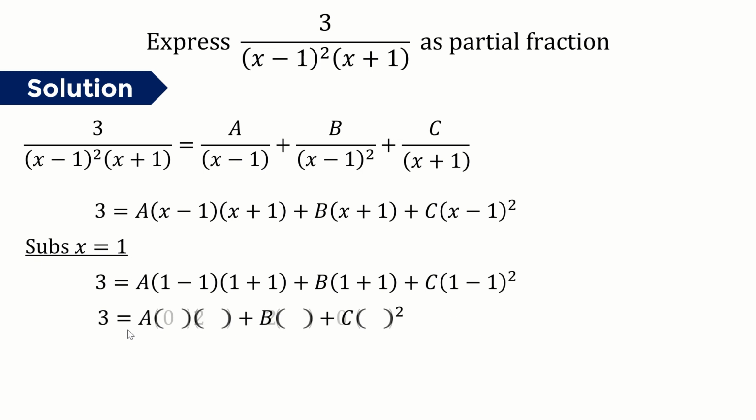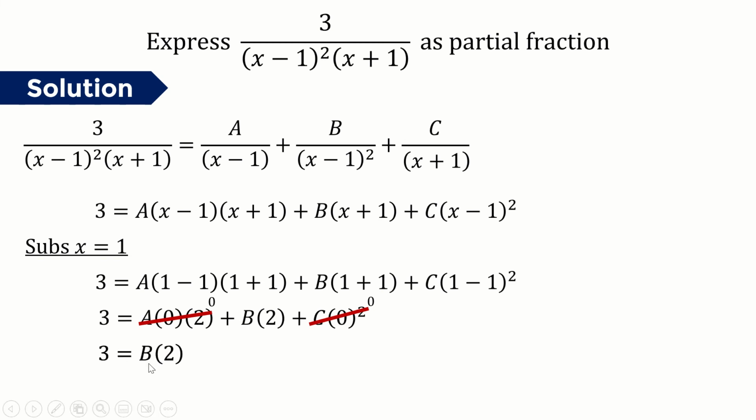We get A times 0 times 2, B times 2, C times 0. Everything that is multiplied by 0 becomes 0, so what is left is 3 equals B times 2, which is 3 equals 2B. So B equals 3 over 2. So we get the value for B.